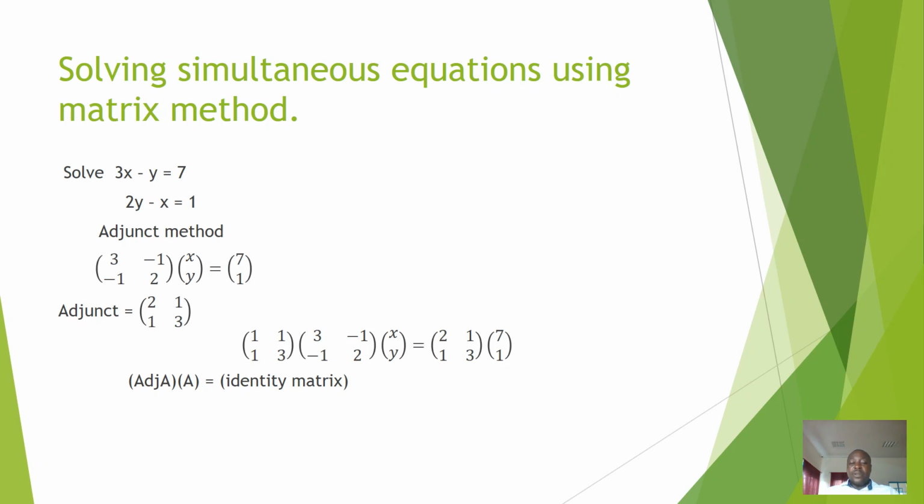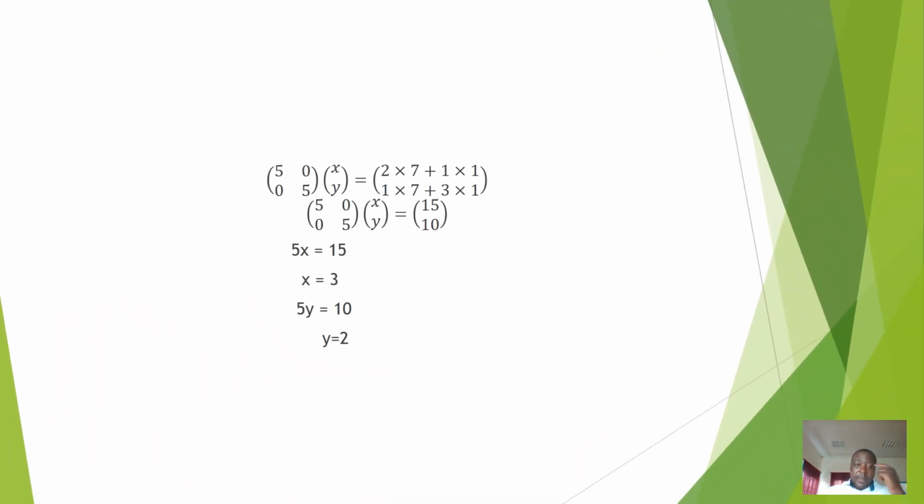And by definition, we said in the previous topic, adjunct times a matrix, we get an identity matrix. So if you try to multiply out, we shall come up with an identity matrix 5, 0, 0, 5. Okay?